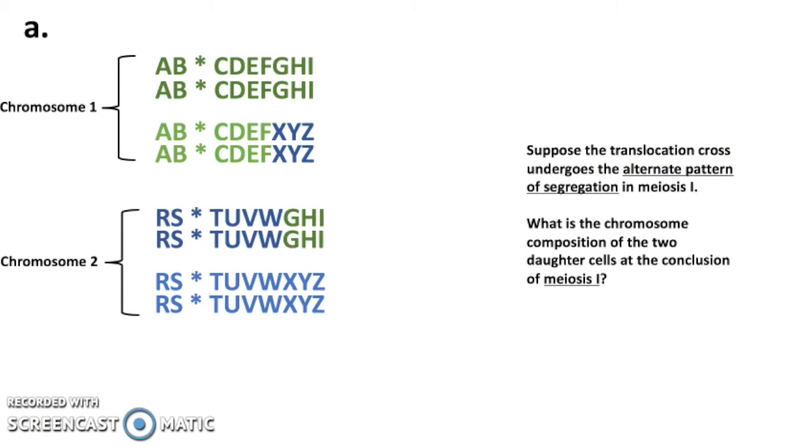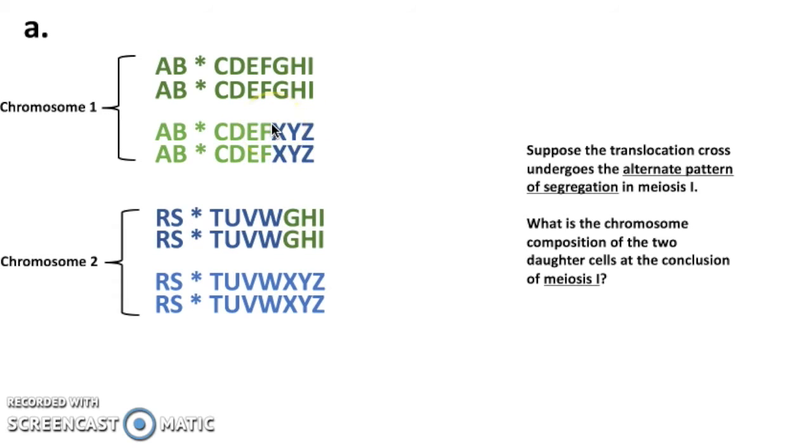Now, my way of solving this is to set up a little grid. It helps me. I marked which one is chromosome 1, these green ones, the A, B, C, D, E, F, G, and then chromosome 2 is going to be the ones in blue with the R, S, T. I should note, in case I haven't already, that with these chromosomes, a crossing over has taken place.